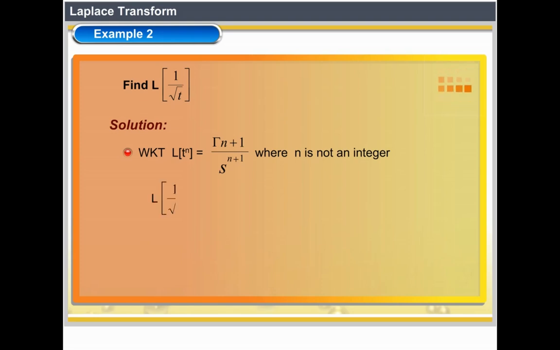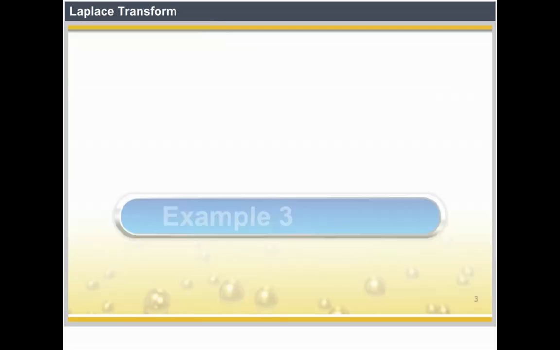Then L of 1 divided by square root of t equals L of t power minus 1 by 2 equals gamma of minus 1 by 2 plus 1 divided by s power minus 1 by 2 plus 1. Then we get the answer square root of pi divided by square root of s, which equals square root of pi divided by s.